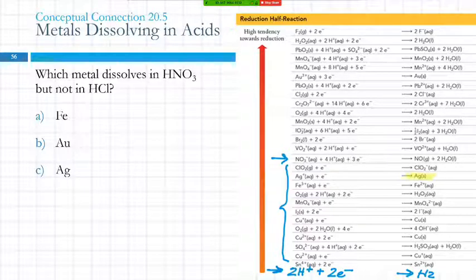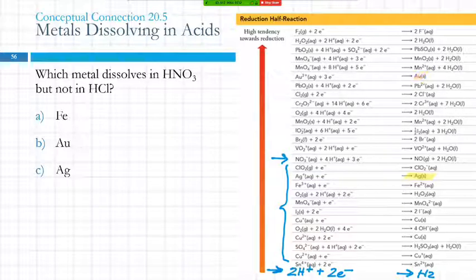So here we've got silver. If we're just looking on this side, we see iron. We're like, oh, that's in there too. But over here, it's not this iron. It's not Fe, it's Fe 2+, and so that's not the same. And gold is way up here.